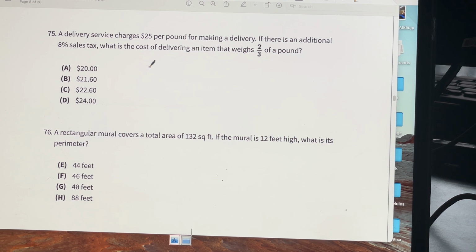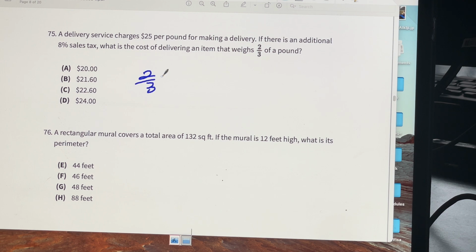So, let's see. Well, this will be 2/3 of 25, right? Times the tax. Well, let's find out what 2/3 of 25 is first.